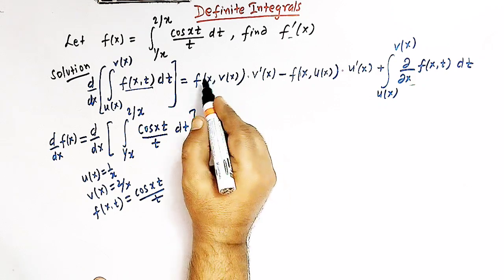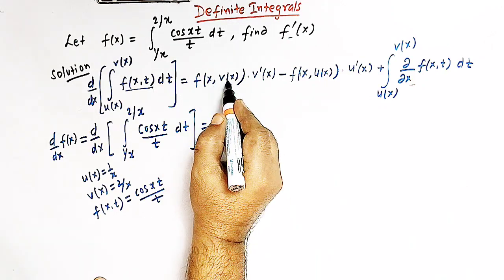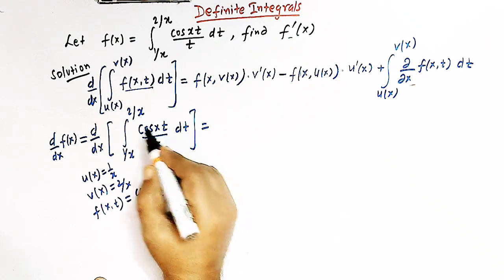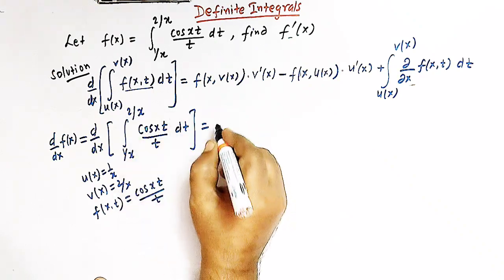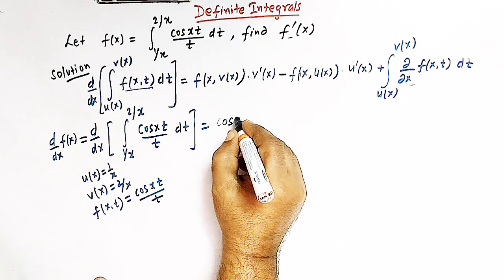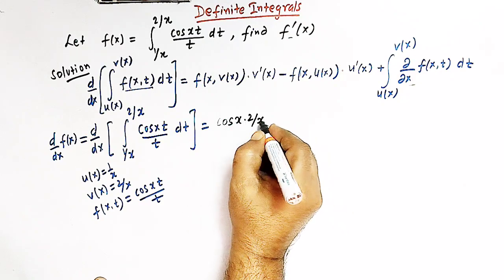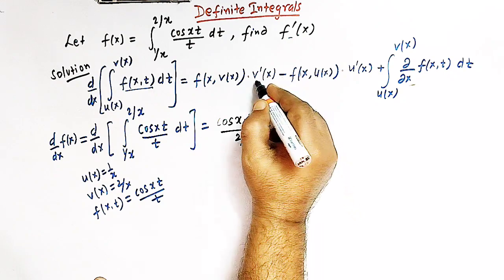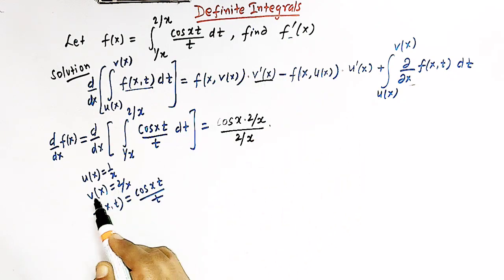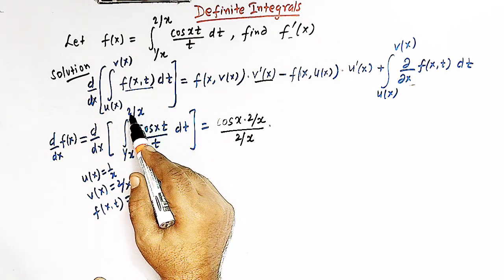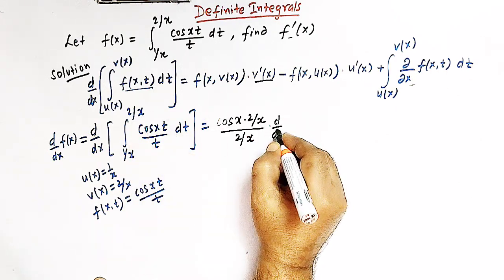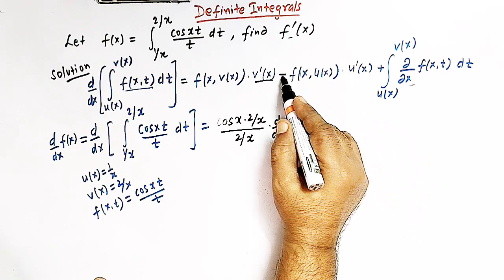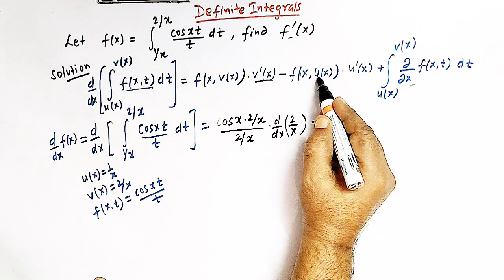So now we have f of x comma v of x, that is, replacing this t by 2 over x. So we have cos of x times 2 over x, and here we have 2 over x, and then we take the derivative, that is v prime of x, so here we have d by dx of 2 over x, then we have minus f of x comma u of x.